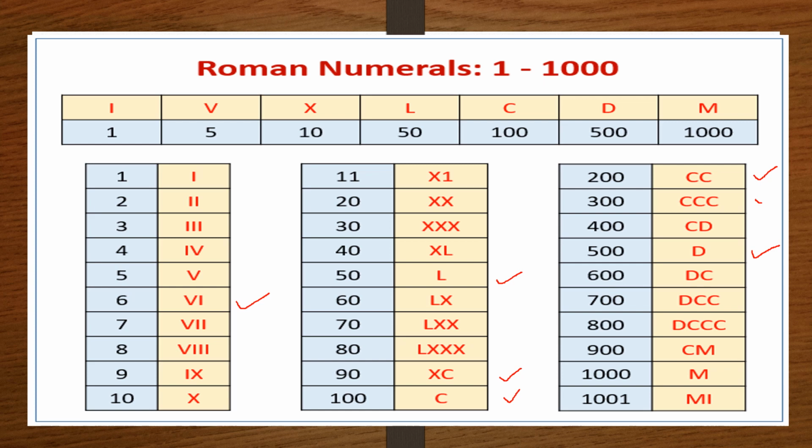The value of D is 500 and the value of C is 100. So 500 plus 100 is 600. Likewise, you can write all values in Roman numerals. Try to write as many numbers as you can in your notebooks.